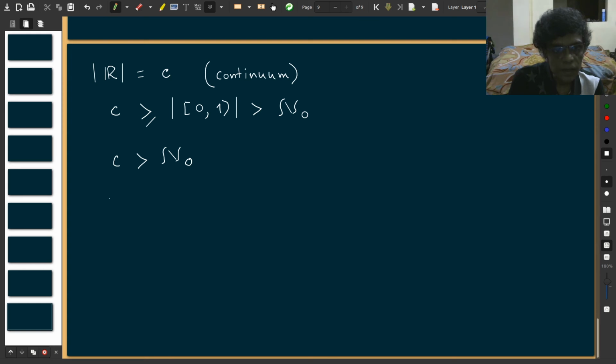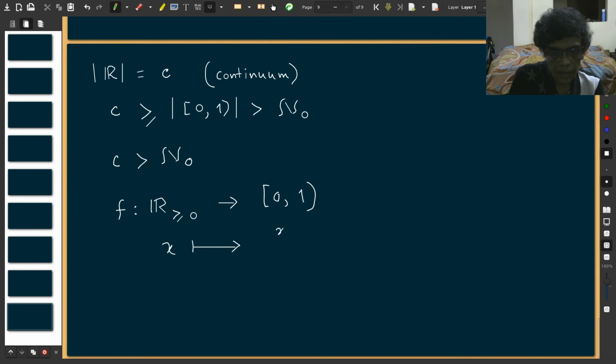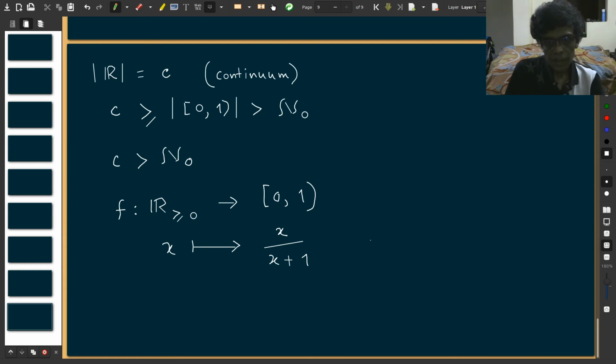So, maybe I will first propose a map f from non-negative real numbers to this: take a non-negative real number x and map it to x over x plus 1. It's a very easy exercise that this is a bijection.